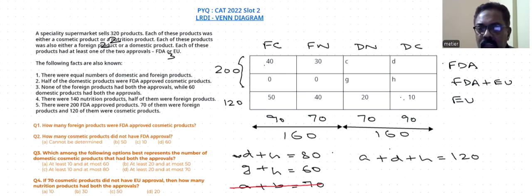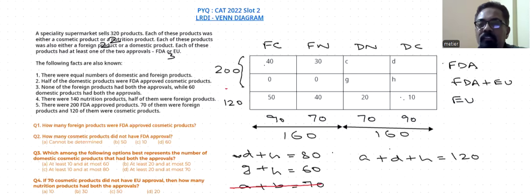What about C plus D? We can get it, right? So we are getting that 200 will be there, and 40 plus 30, 70 will be there. So one more equation we are getting here: under FDA approval, we have 200.